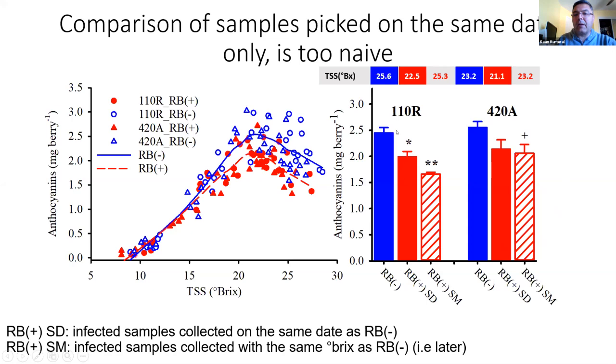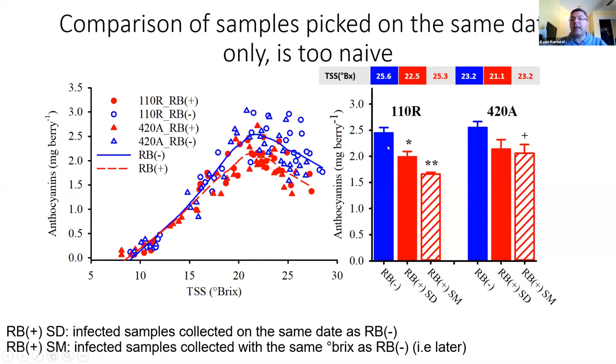We either harvested them on the same day when our red blotch negatives reached 22 and a half brix, or we waited till the red blotch positive vines reached 25 brix, essentially dehydrated. Even if you wait for them to reach the same amount of brix, they will not make the same amount of anthocyanins.